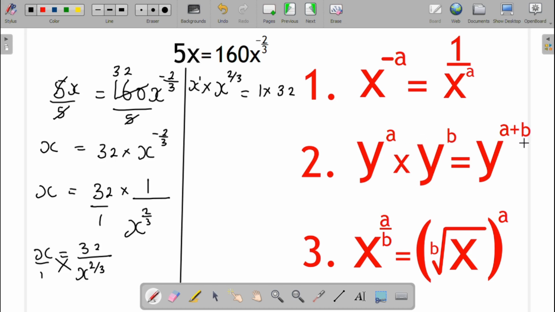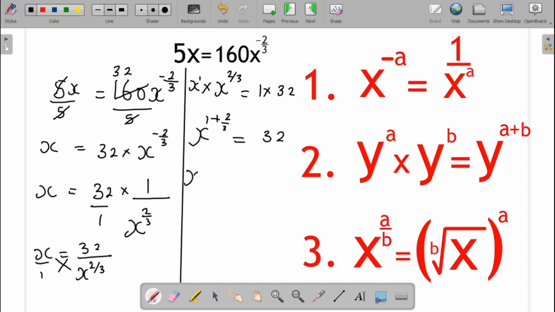That will be a plus b. Now in this case, x times x, we choose one x, and since they are joined by times, we add the powers. That will be 1 plus 2 over 3 is equal to 32.